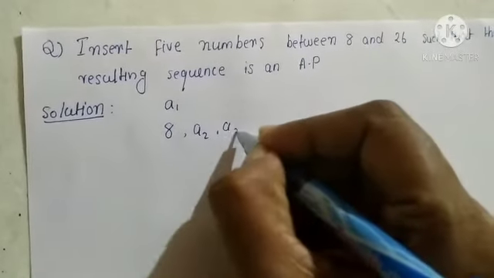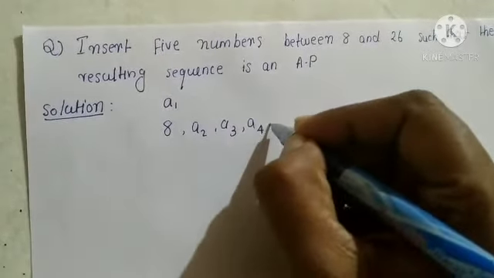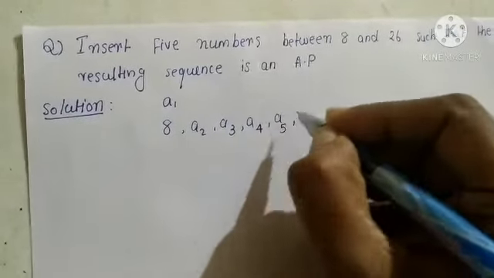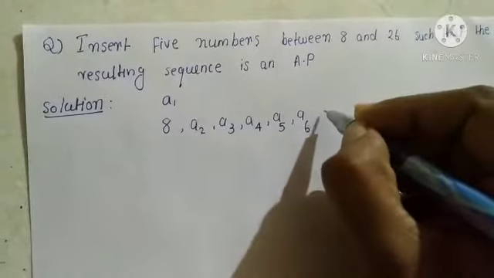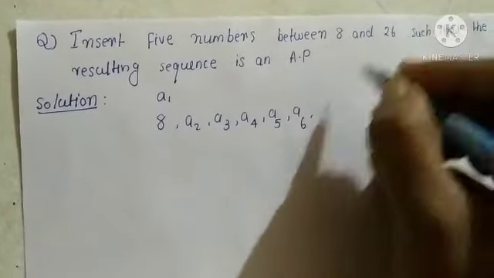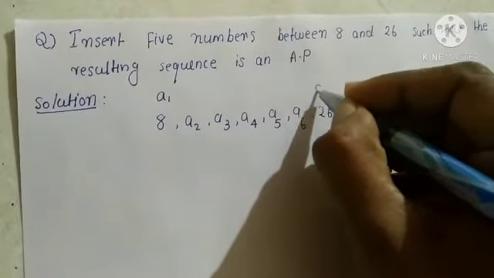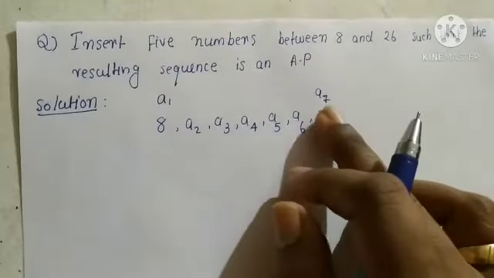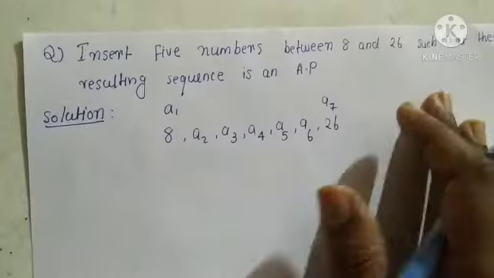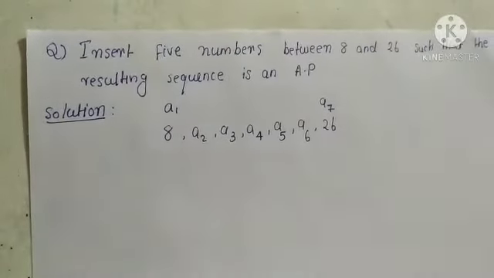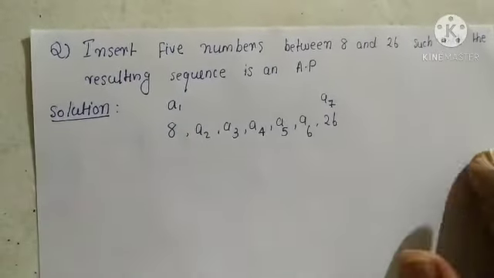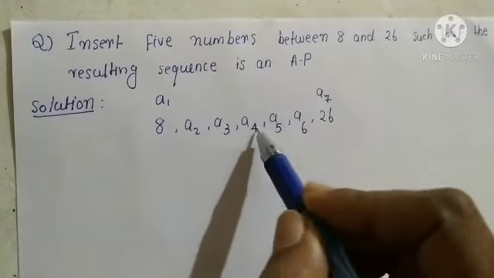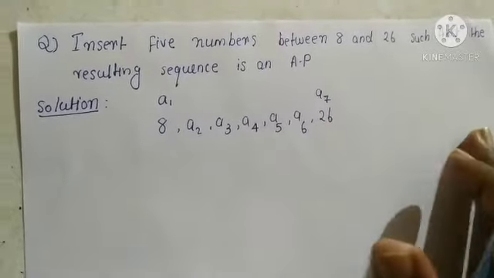A2, A3, A4, A5, A6, and the last number is 26. It's given, so it is A7, the 7th number, such that the resulting sequence is an AP. So we need to find these A2, A3, A4, A5, A6 numbers.